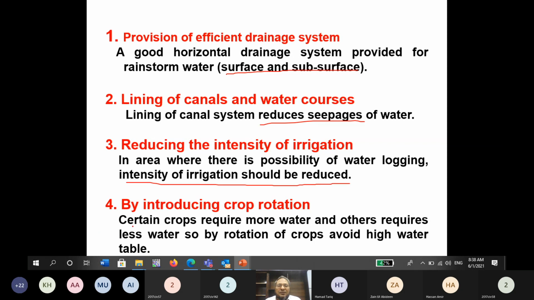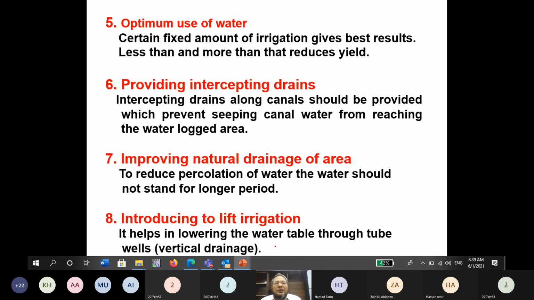And number four, by introducing crop rotation. Certain crops require more water and others require less. So rotation of crops avoids a high water table. Those crops which require more water, don't grow them continuously. So there should be crop rotation. Number five, optimum use of water.